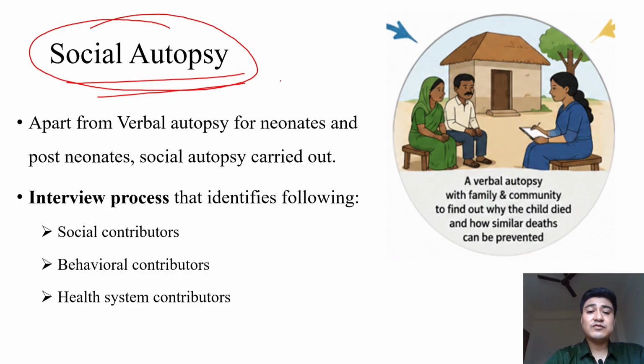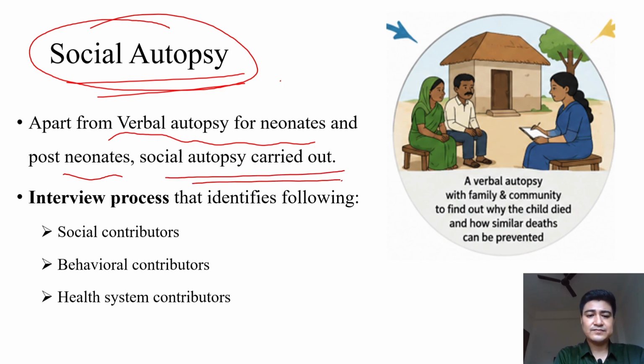Apart from verbal autopsy for neonates and post-neonates, social autopsy is carried out. Social autopsy is targeted to know about the social contributors, the behavioral contributors, and the health system contributors of the child death.